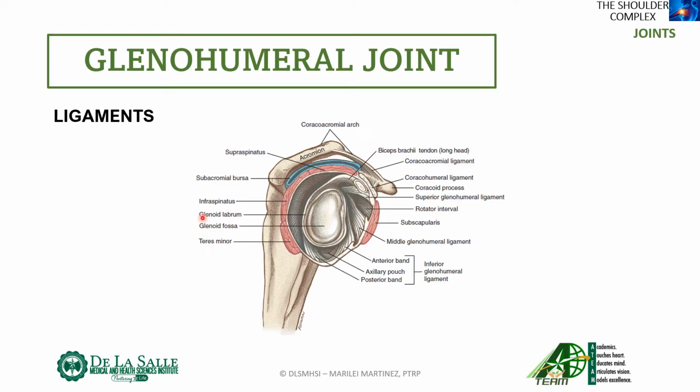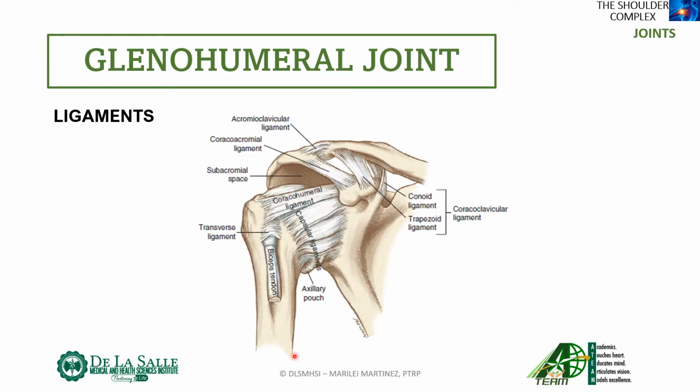Next, we have your anterior band of the inferior glenohumeral ligament. Let's go back to this illustration for the anterior and posterior band.